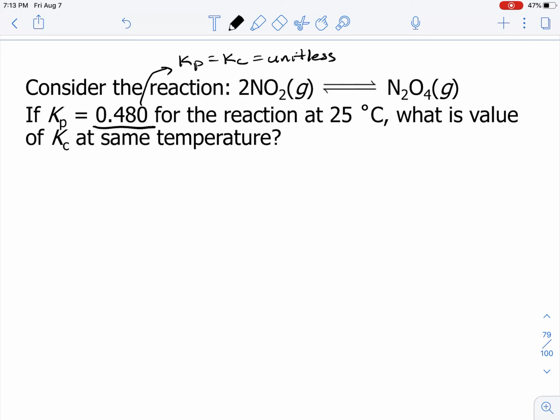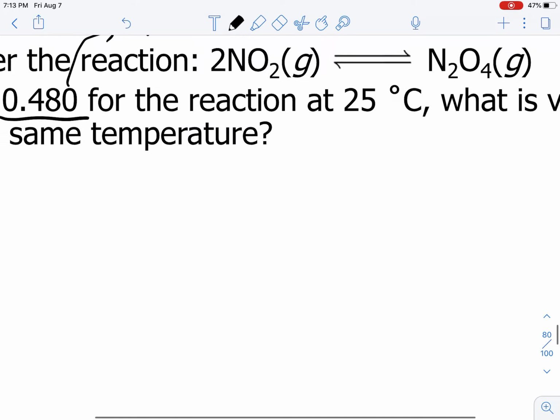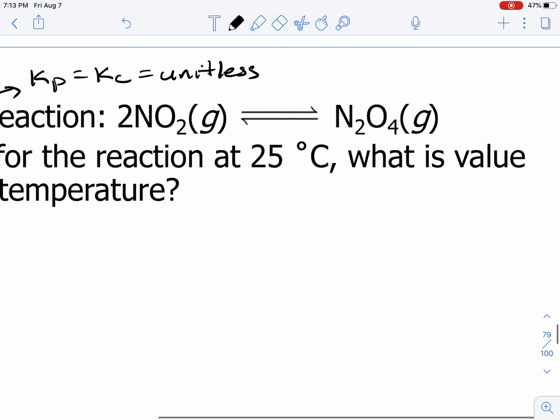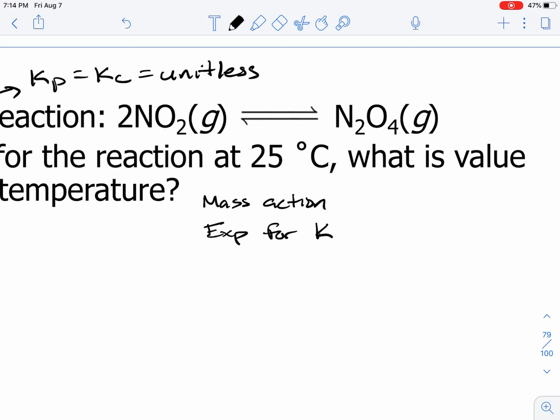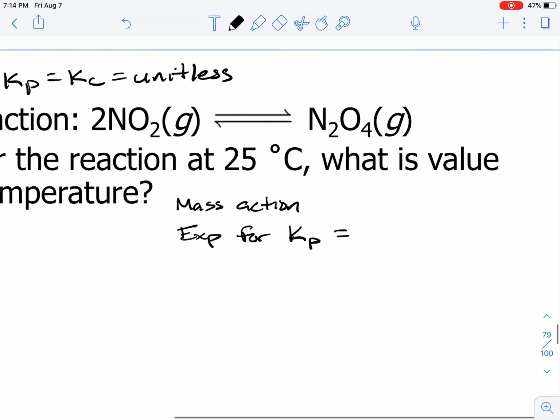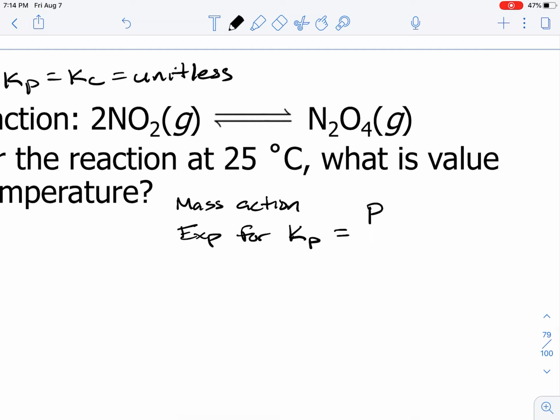And so just for kicks, I want to go ahead and write the mass action expression for this specific equilibrium, just to get some practice. And so the mass action expression for Kp is simply going to be the partial pressure of the product.